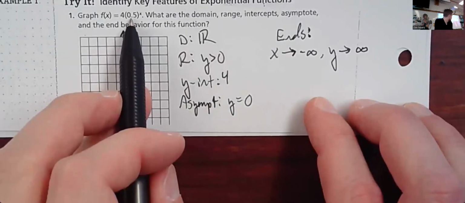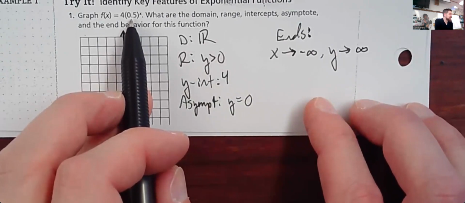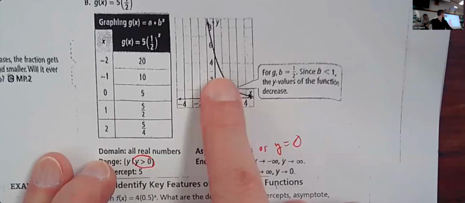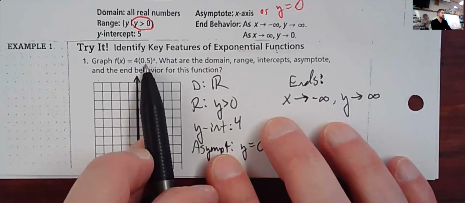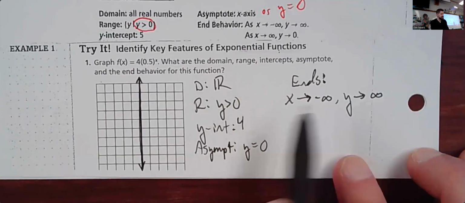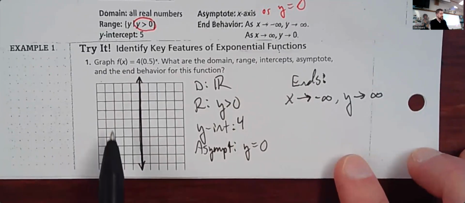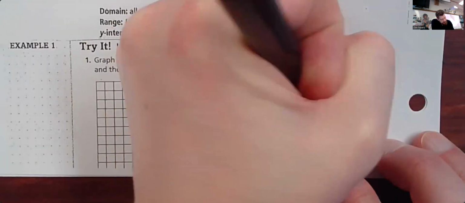Yeah, the value of b, our base value for the exponent, is less than 1 but still greater than 0, which means it's exponential decay. Because the b value is less than 1 but still greater than 0, it's decreasing as it comes in. So as x goes to the negative side, y is going to increase forever. All right. So as x goes to positive infinity, what happens to y?